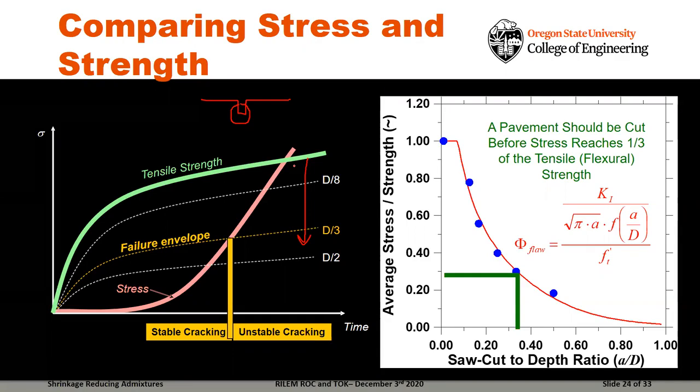If you have a saw cut that's a third of the depth of the slab, which is very common, you decrease the stress to about 30% of the original strength, and that now becomes the failure envelope. So if you're before this point, you have stable crack growth, and you can control the crack with the saw cut that's there.